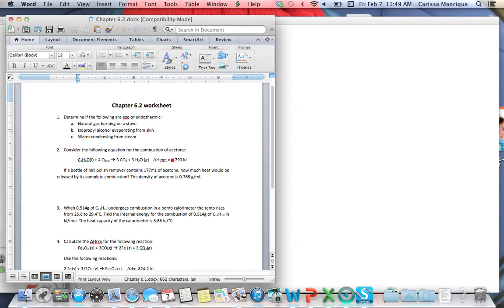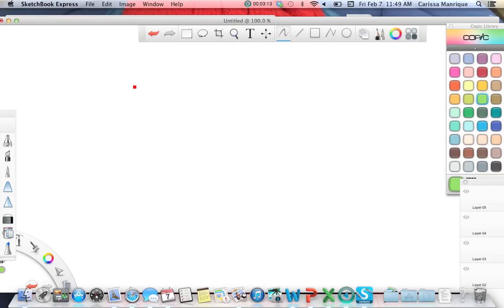Okay, so let's look. We have 177 milliliters of our acetone. Let's see, numbers that we need. The density of acetone is 0.788 grams per milliliter.